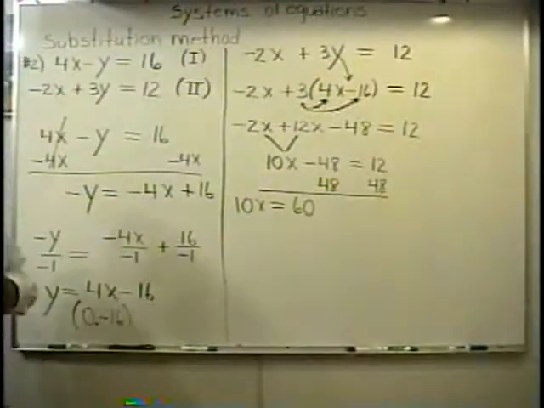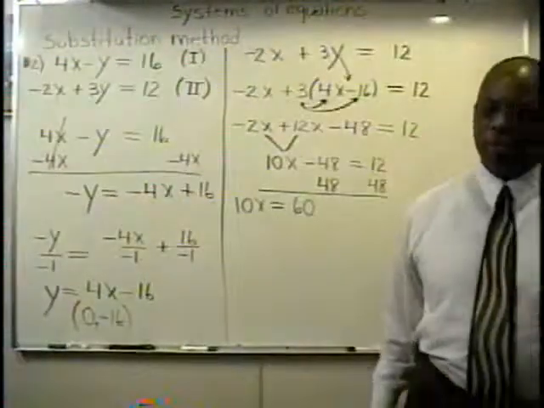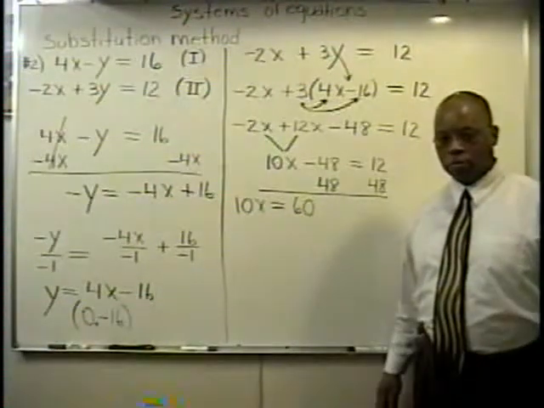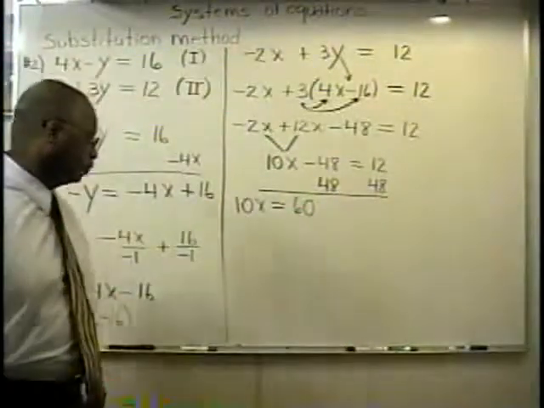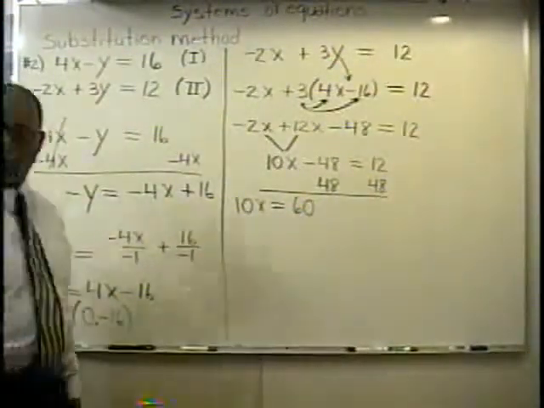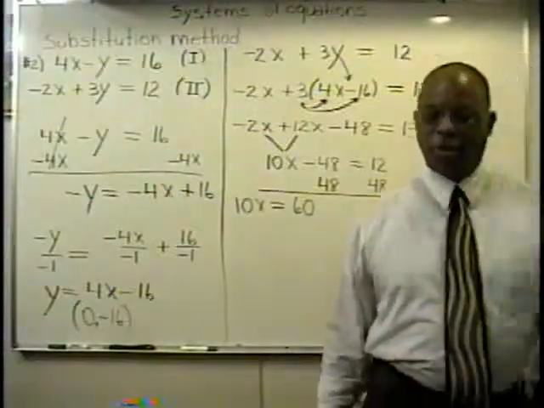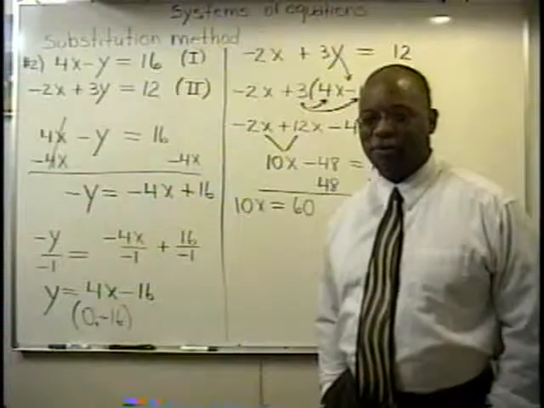Is that correct? Okay. What do you do now? What does 10x mean? Yes, that means 10 times x. I need to solve for x. So what do you do now? Harold? You're exactly right. What do you think Harold said to do? Very good.